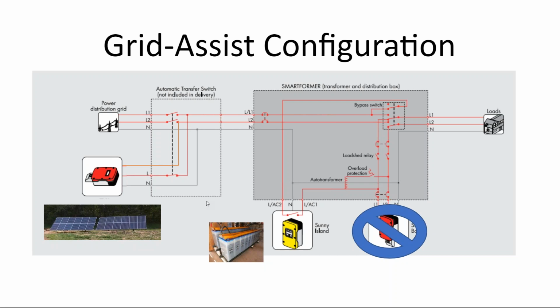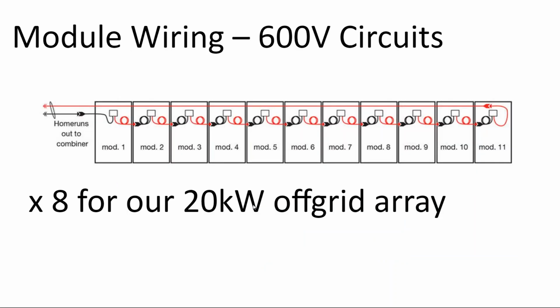So there's one kind of weird configuration out there that is useful when the utility is not allowing you, for some reason, to directly interconnect the solar to the grid. There are still solutions out there, but it's outside the scope of today's class.